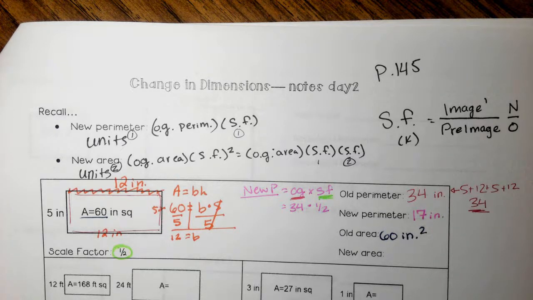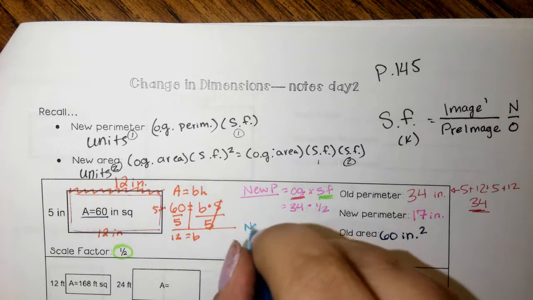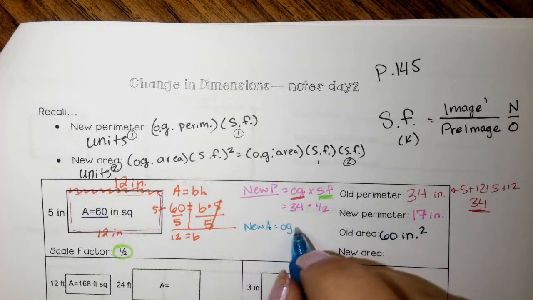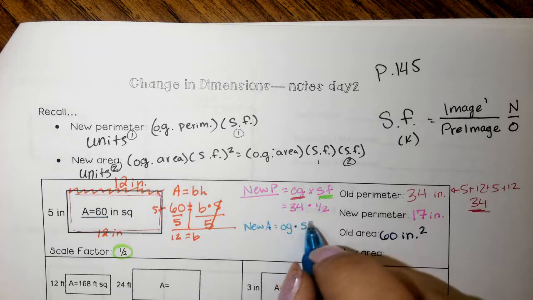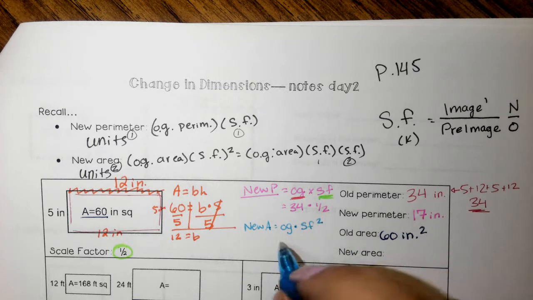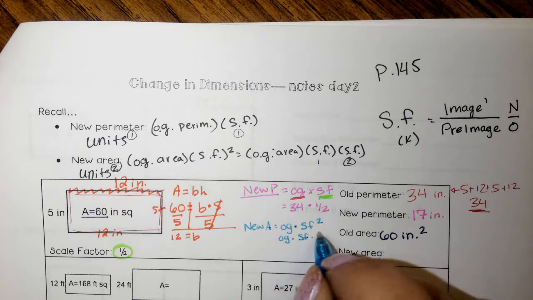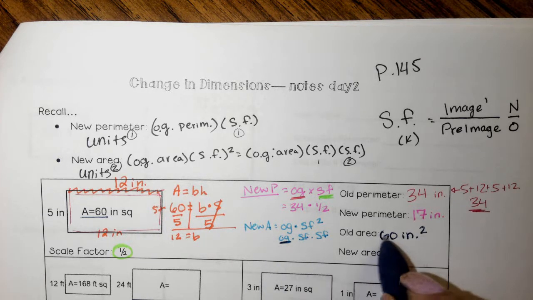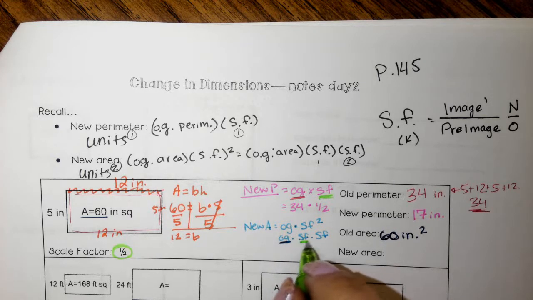Now looking at the new area, to find the new area, we take the original area and multiply it by the scale factor squared. That's the original area times the scale factor, again. One more time, that's the original area times the scale factor once more.